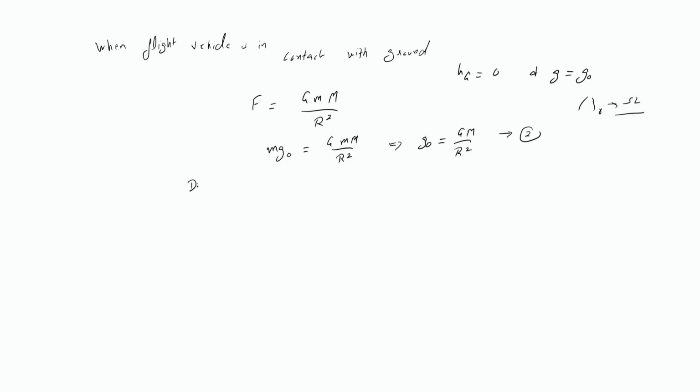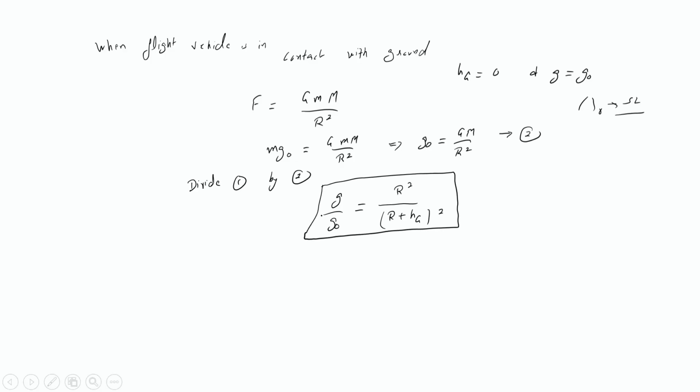So now I'll divide 1 by 2. We get g upon g naught equals R square by (R plus hg) whole square. Now this is the relation between the local acceleration of gravity and the acceleration of gravity at sea level.